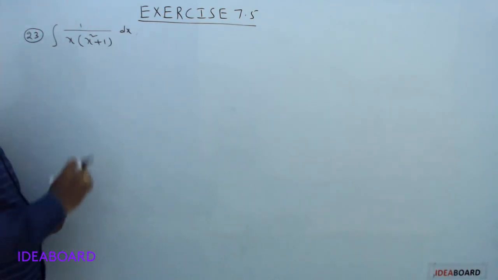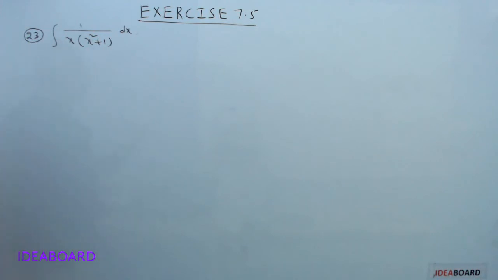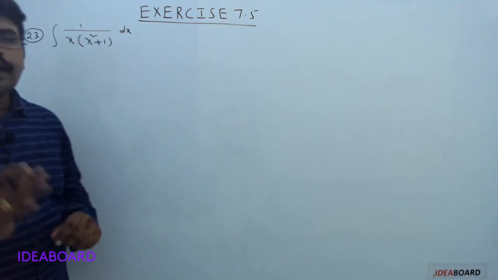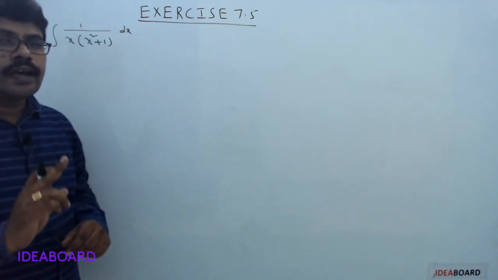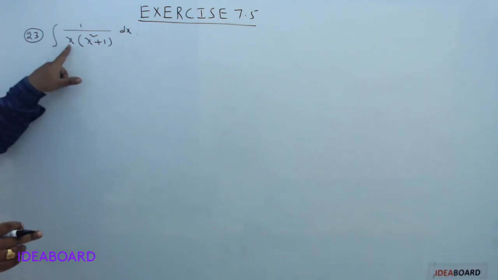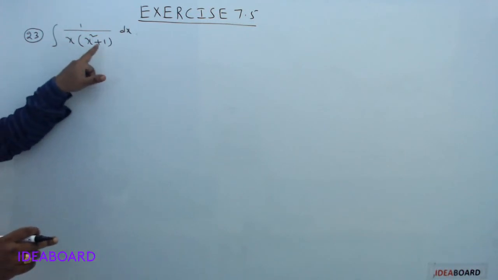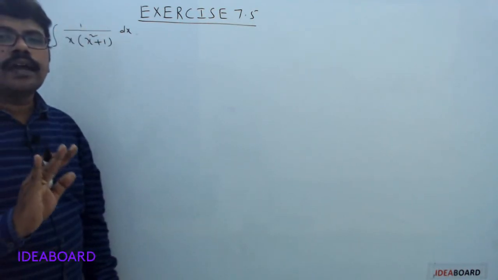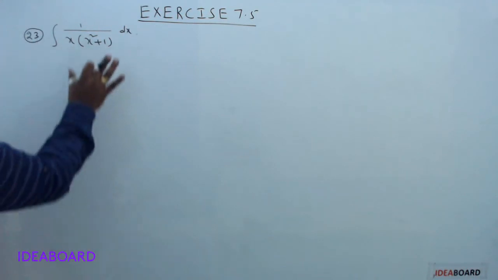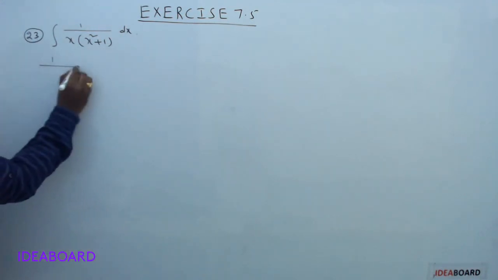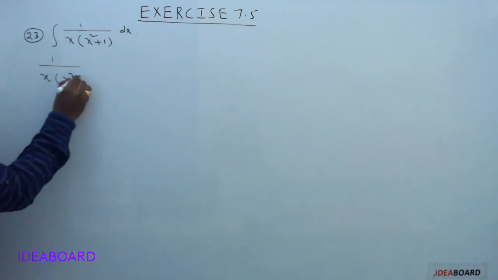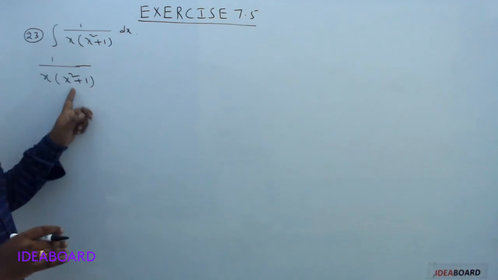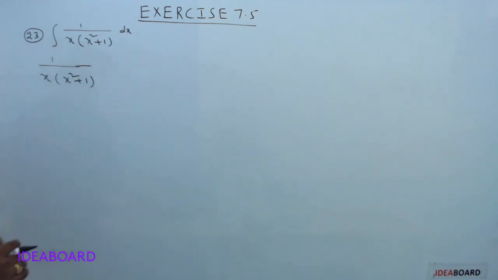So this integrand is related to type 1 and type 3: non-repeated linear factor and non-repeated irreducible quadratic factor. It is the combination of type 1 and type 3. So take this integrand separately: 1 divided by x into (x square plus 1). Now, how to resolve this fraction into partial fractions?